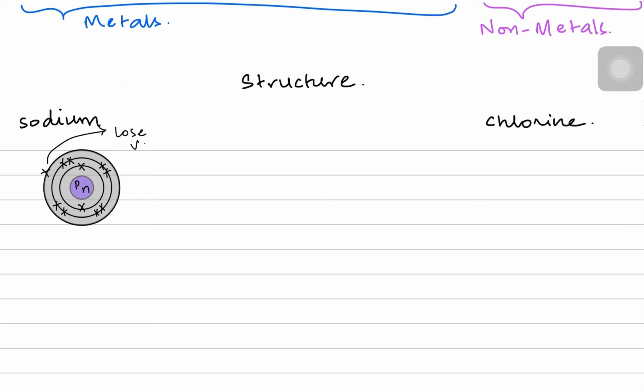Sodium, like all the metals, loses its outer shell electrons, so it loses valence shell electrons. Sodium atom will lose its valence shell electrons and form a cation. A cation means a positive ion. But when sodium loses the electron, it keeps on revolving around the sodium cation.